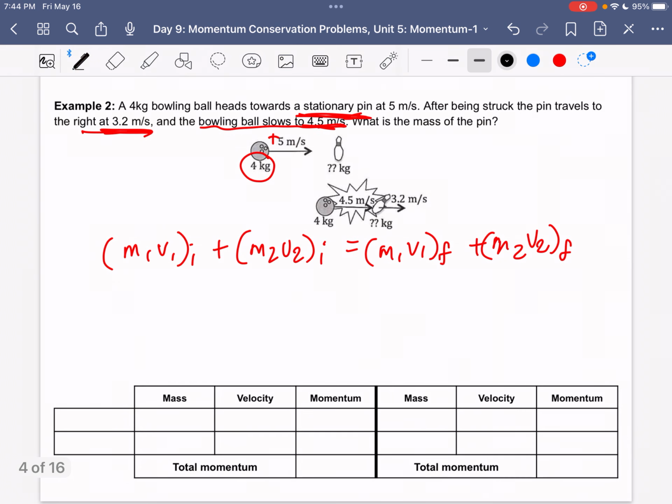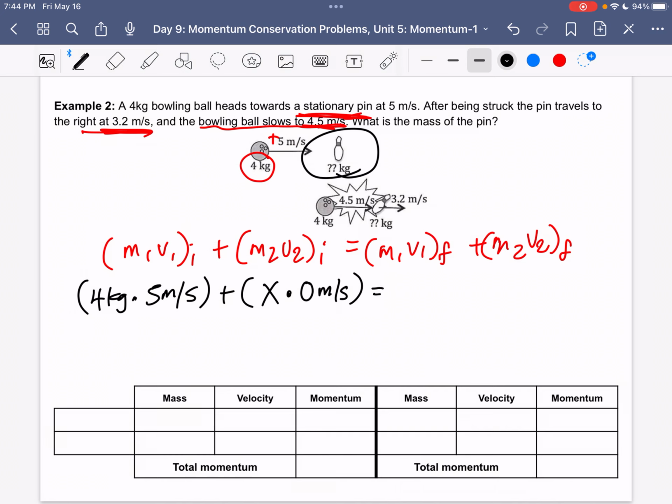So we know that our mass 1 is 4 kilograms times the velocity, which is 5 meters per second, plus the mass 2, which is x, we don't know the mass, times velocity 2 initially, which was 0 meters per second, equals mass 1, 4 kilograms, times velocity finally at the end, so 4.5, plus mass 2, which we don't know, times velocity 2, which is 3.2 at the end.